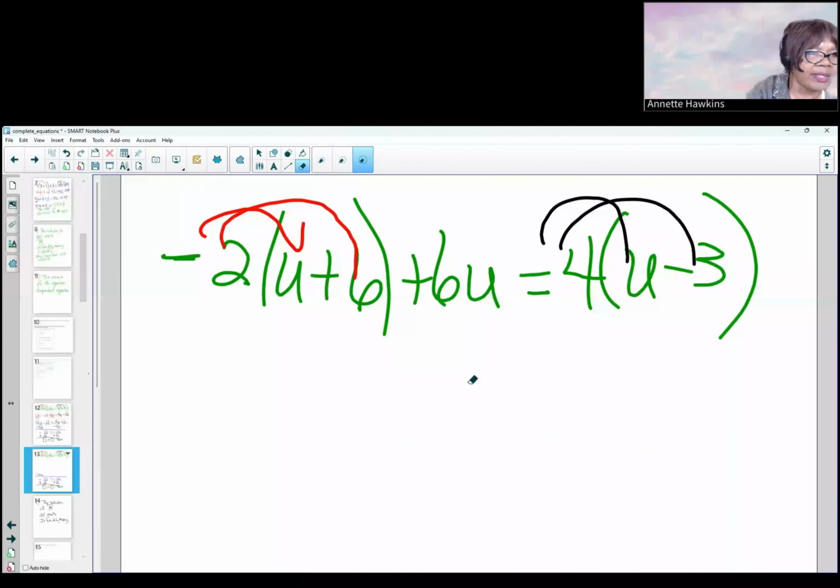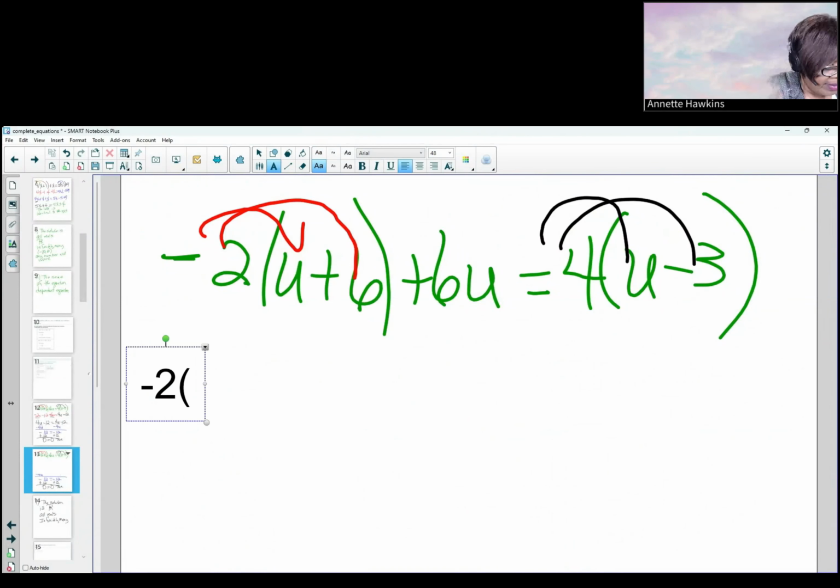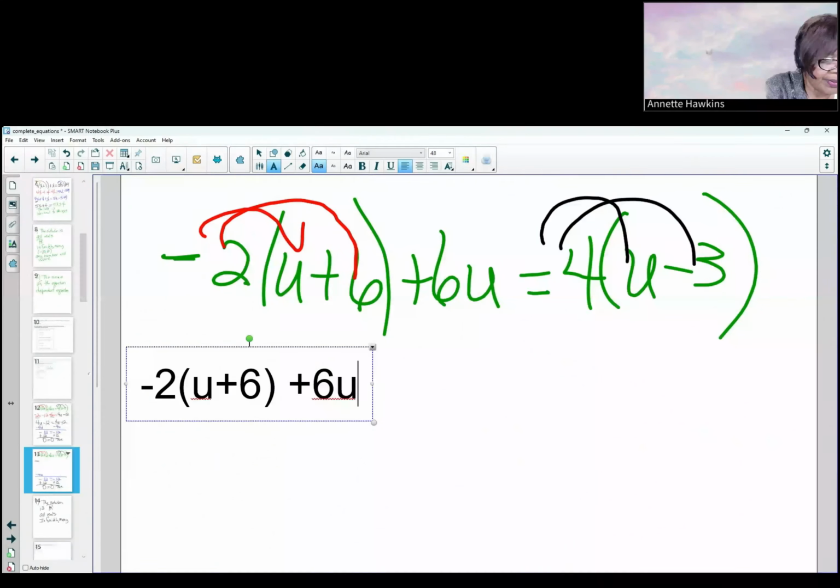So this is -2 times u plus 6, plus 6u equals 4 times u minus 3. Okay.